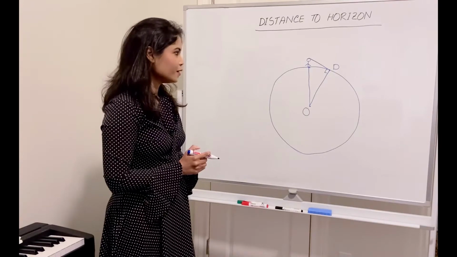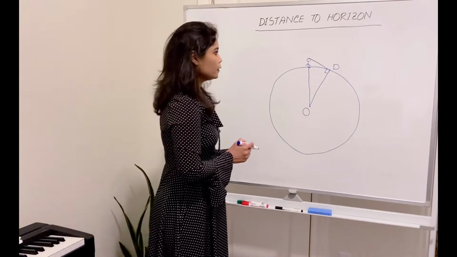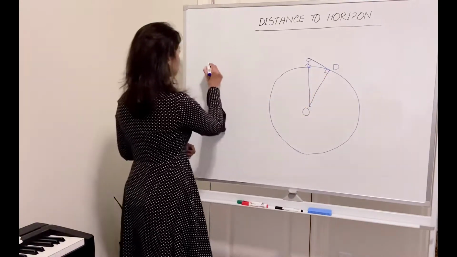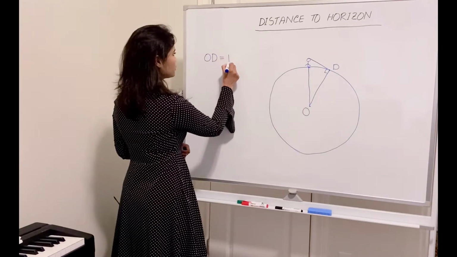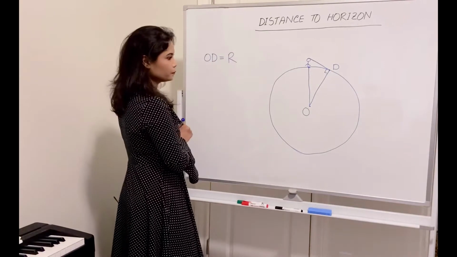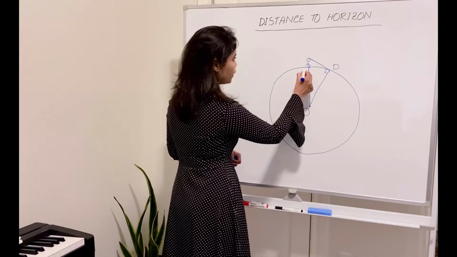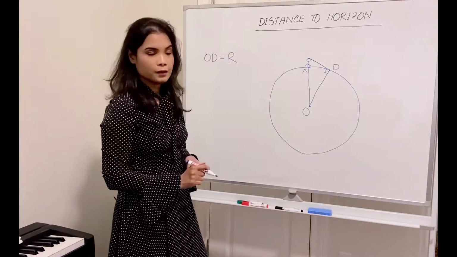So you already see that I created a right angle triangle, and the distances are known. The distance OD is actually the radius of the earth itself. Now this distance O to A is again the radius of the earth.